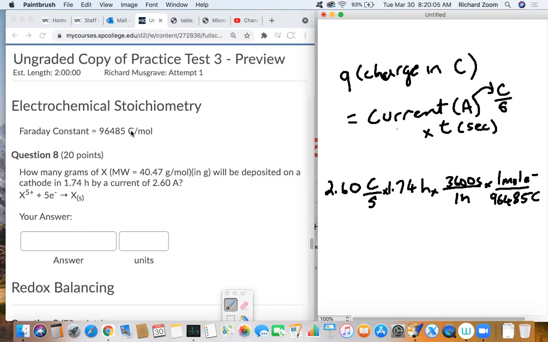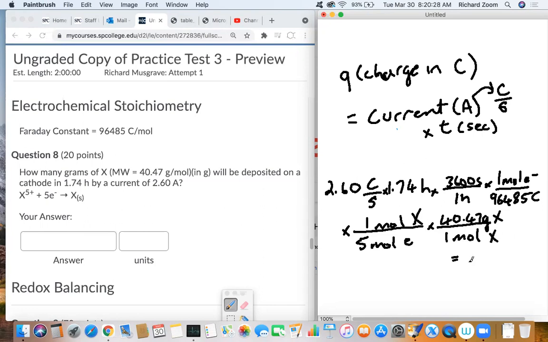Again, we have that up here in the problem. And then we can see that we need 5 moles of electrons to get 1 mole of X solid. And then we can multiply that by the molecular weight, 40.47 grams of X over 1 mole of X. And that gives us our final answer.